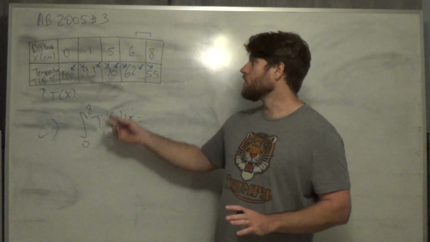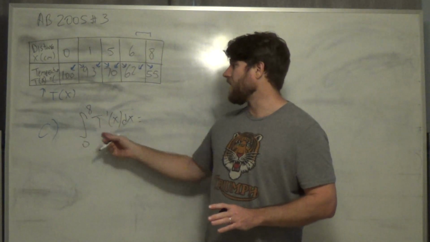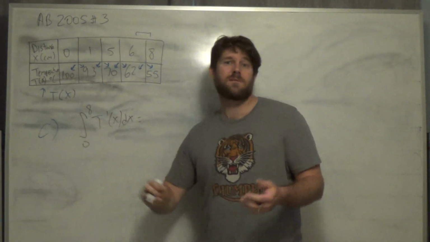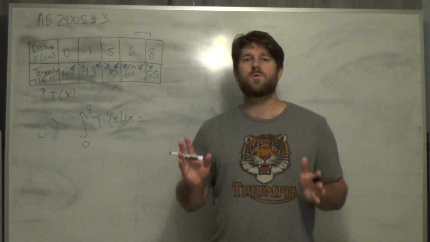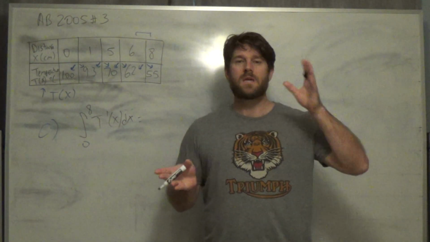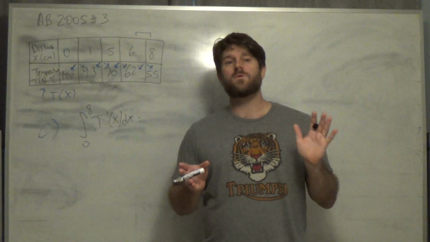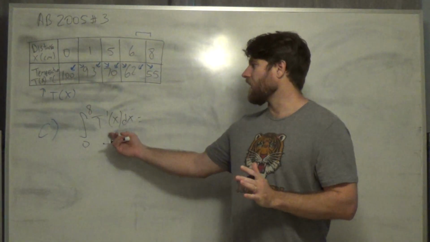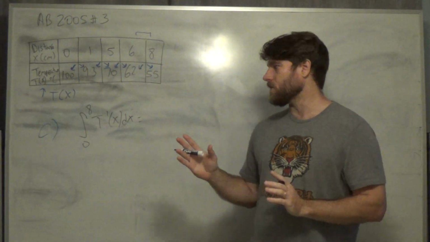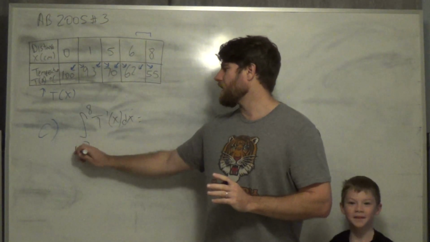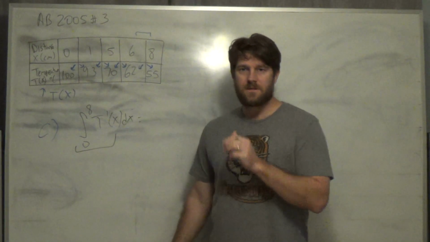And again, you're looking at this and you're like, the area underneath T prime x, I don't even have T prime x, what do I do? In calculus, if you don't know what to do, think about this: follow the rules. I need the area underneath T prime x, I don't have T prime x, what in the world do I do? Well, remember, the area underneath the curve gives the net change in the antiderivative.